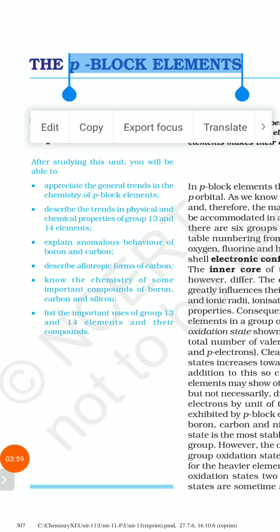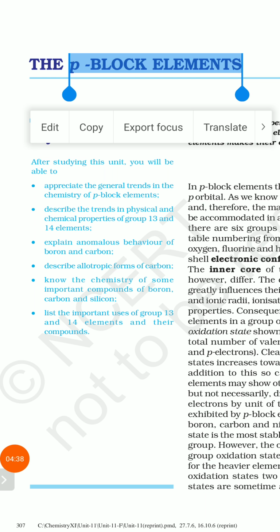So how are we going to define an S block element? The last outermost electron enters into the S orbital; that is called an S block element. Now P block elements: the last outermost electron enters into the P orbital or P subshell. கடைசி எலக்ட்ரான் P ஷெல்ல என்டர் ஆயிடுச்சுன்னா P block element ன்னு சொன்னோம்.